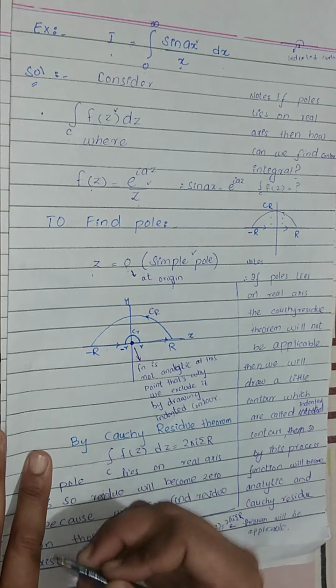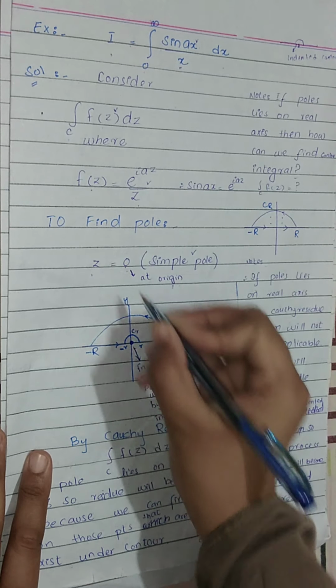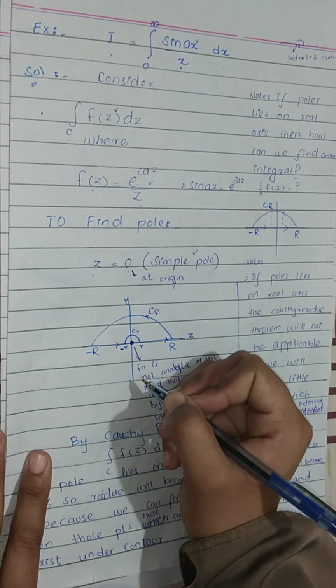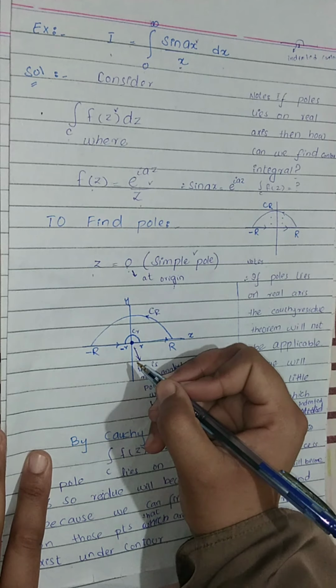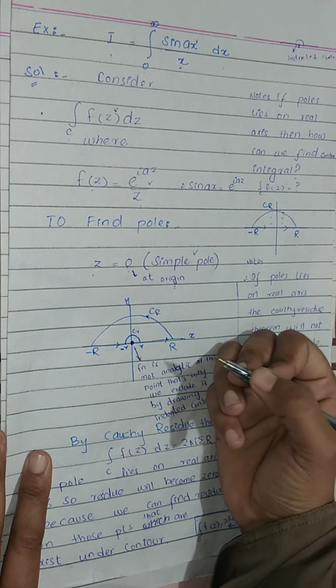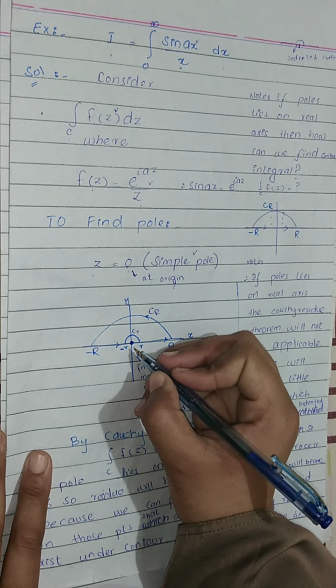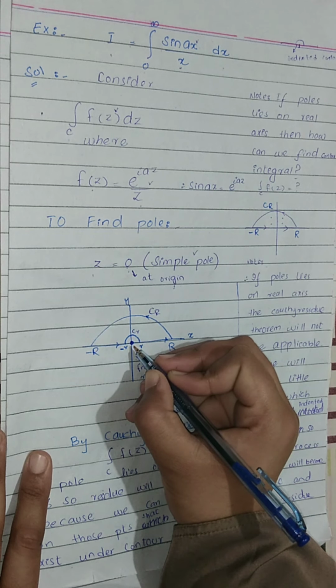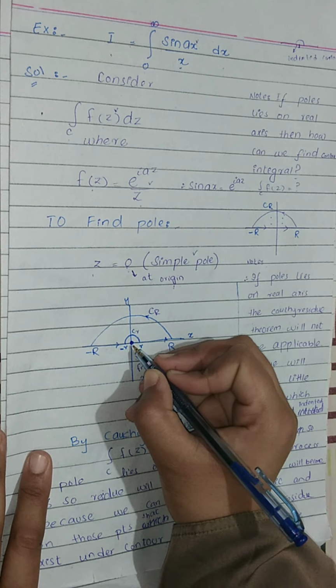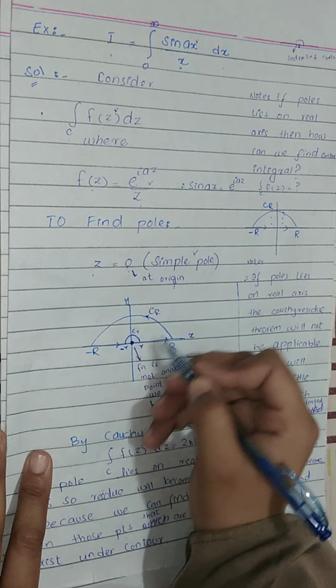If our poles lie along the real axis, then we cannot apply Cauchy's residue theorem, because to apply it we need the poles to lie inside the contour.